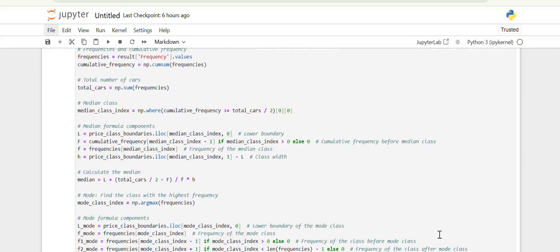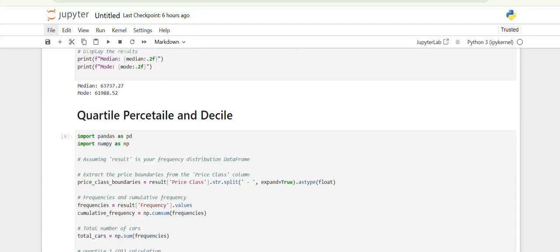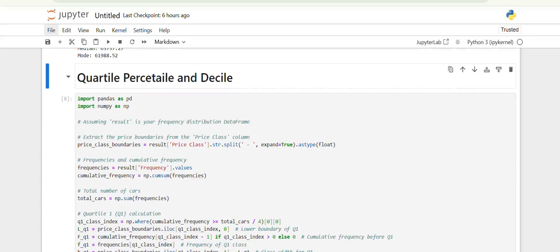So here we apply all the variables such as L for lower class limit, F for frequency, and H for interval, same as for the median class. We apply the condition where cumulative frequency is greater than or equal to total cost, same as I have applied in the mode. And after running this, we got the output.